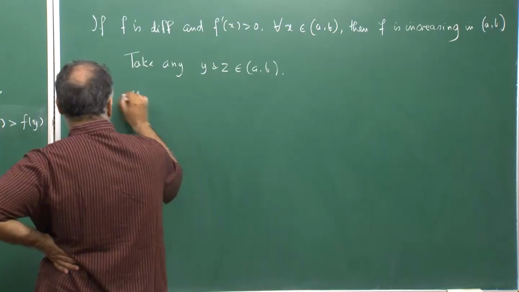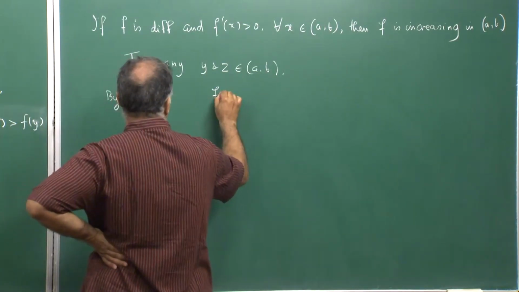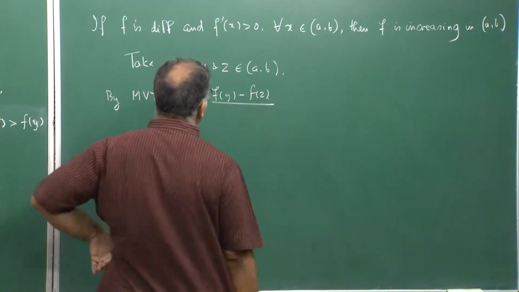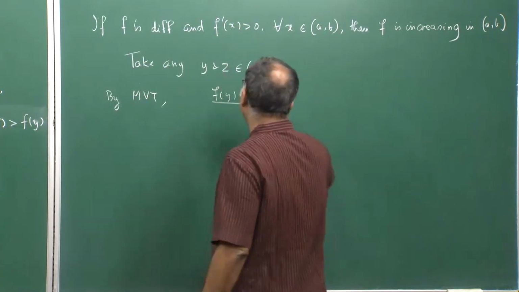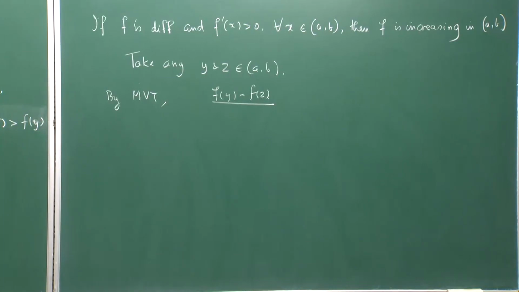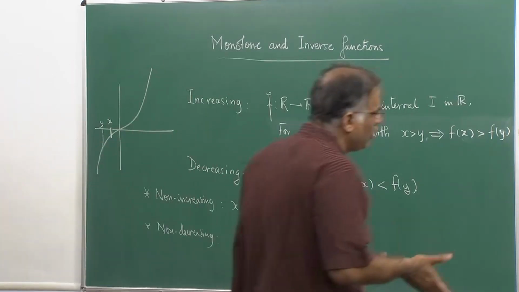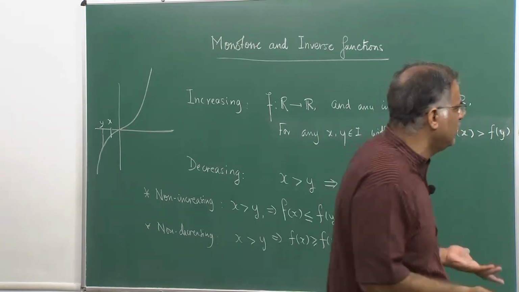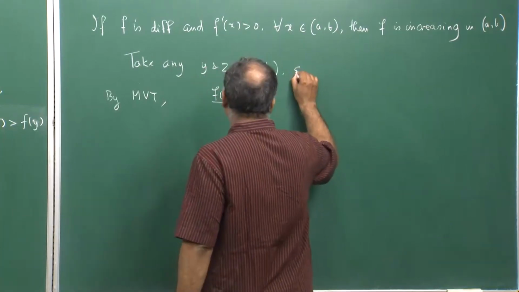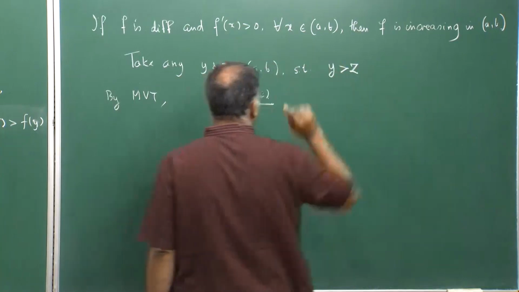Then by the mean value theorem, consider Fy minus Fz. Among them, either y is bigger than z, or y equal to z, or y is less than z. Obviously we can't choose y equal to z, since then the function value remains the same. So choose it in such a way that y is strictly bigger than z.